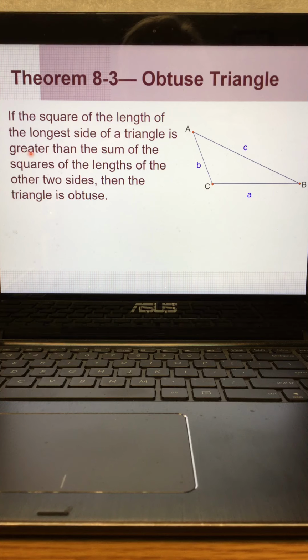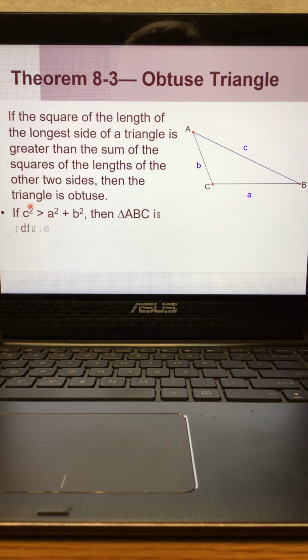This says is greater than the sum of the squares of the lengths of the other 2 sides. Then the triangle is obtuse. This theorem looks exactly the same as the converse of the Pythagorean theorem, except for that symbol right there. Greater than means it's an obtuse, and that makes sense to me.